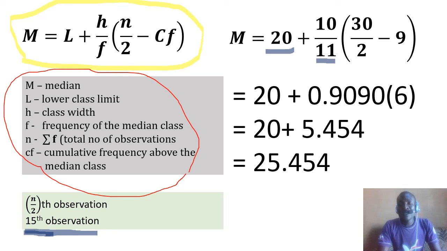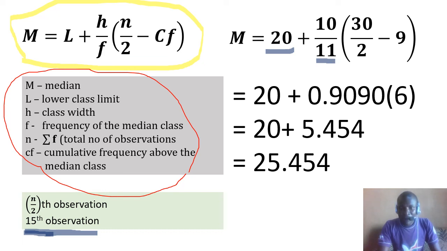N is the summation of f, or the total number of observations. That is 30 all over 2. Then we subtract the cumulative frequency above the median class. When you look above there, we see we have 9. That is where our formula is coming in.